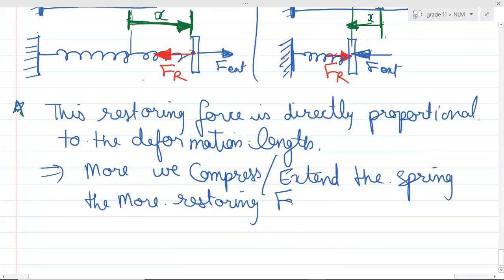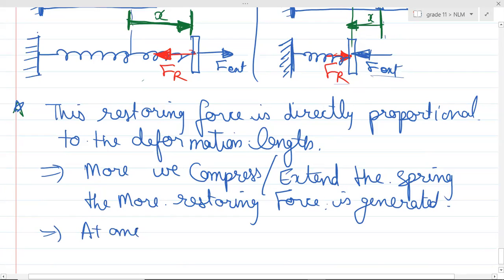So if you keep on compressing a spring, then the force will keep on increasing until this external force and this restoring force become equal. Till that time, the length will keep on changing. So the more we compress or extend the spring, the more restoring force is generated. Also, the direction I told you is opposite.